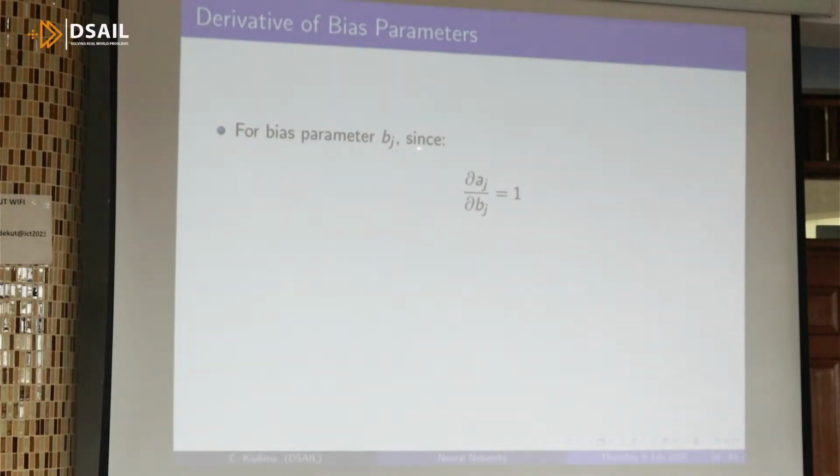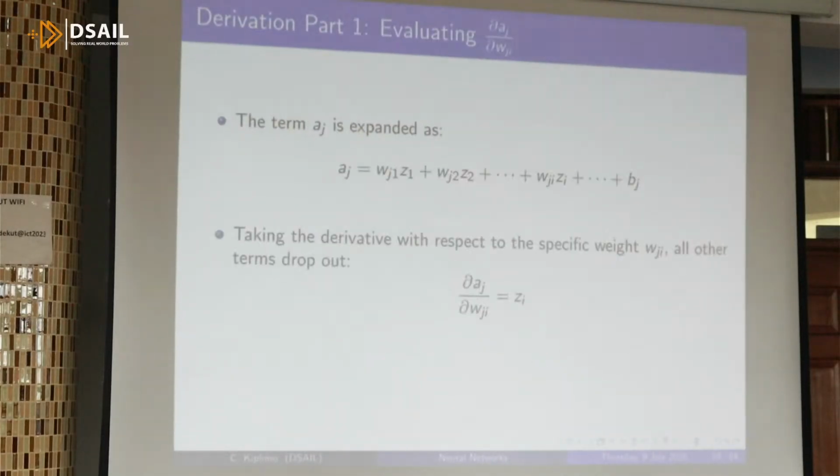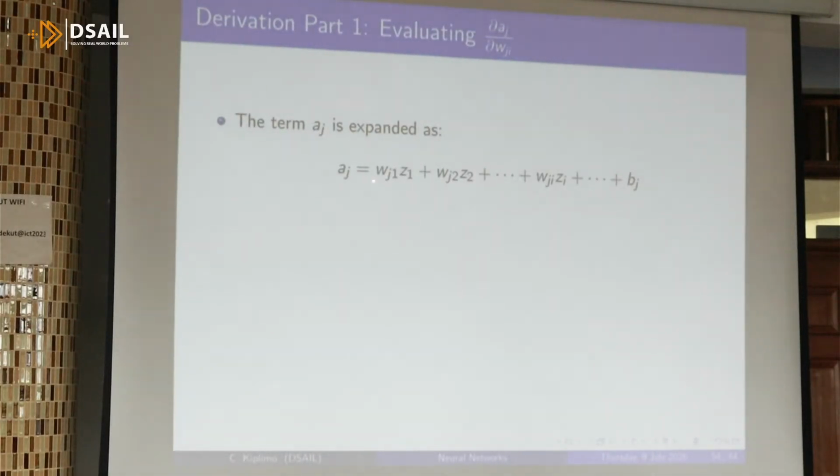For the bias bj, we know that daj, how aj varies with respect to bj, is going to be 1. Why is it 1? Because if we look at that linear combination that we saw earlier, there is only one element in this whole combination that is a function of bj, and it's this one.